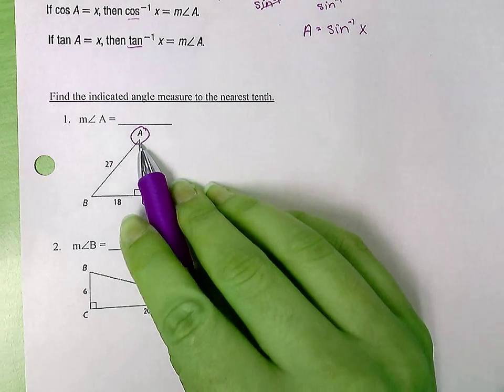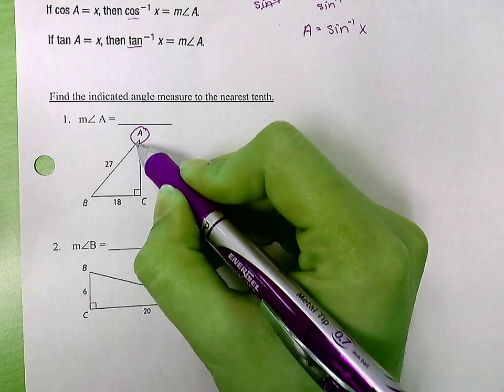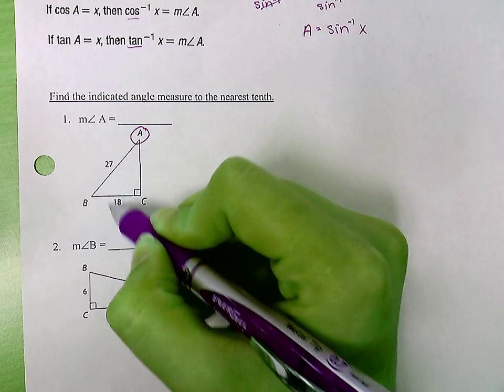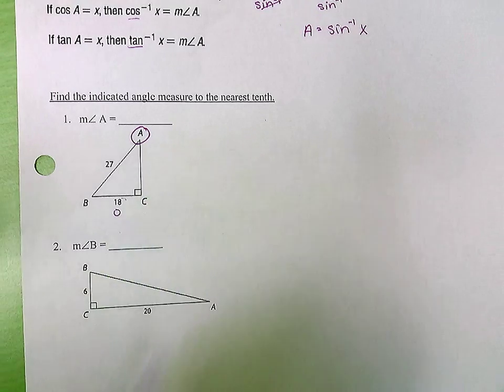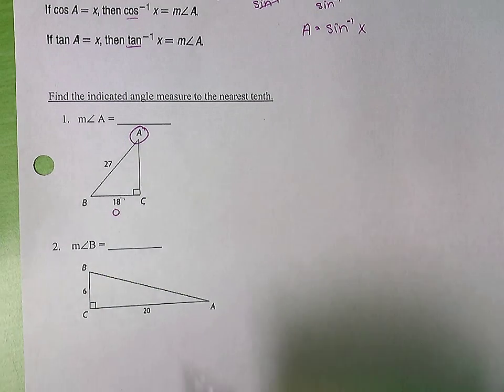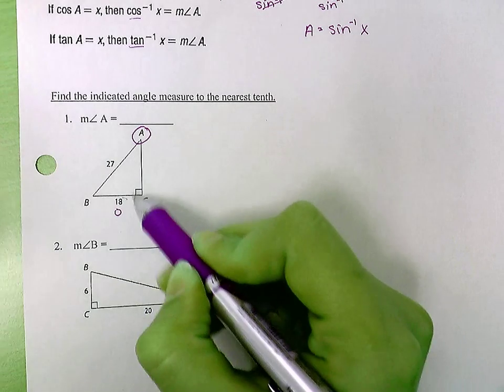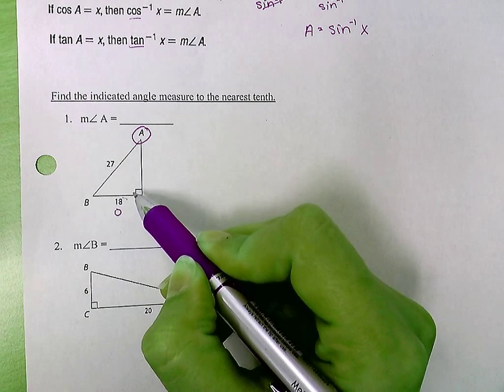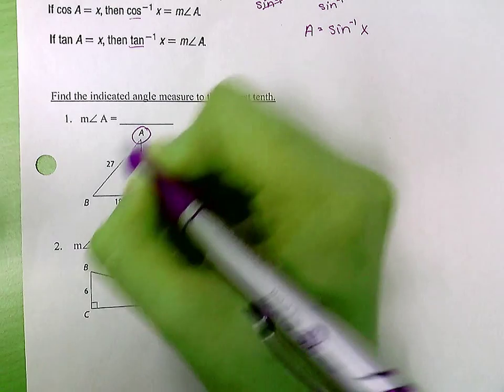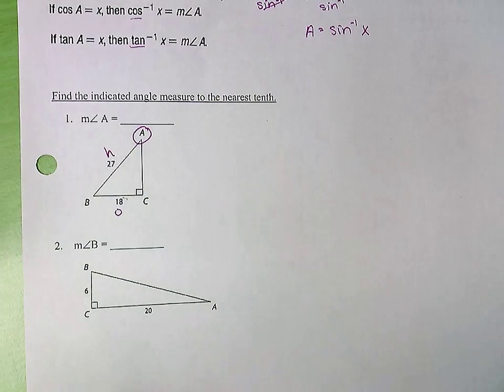From this angle, you have the opposite, the one across, so I'm going to label it with an O. And I have the side that's across from that 90-degree angle, which is the hypotenuse. Your hypotenuse is always across from that 90-degree angle. So I have O and H.